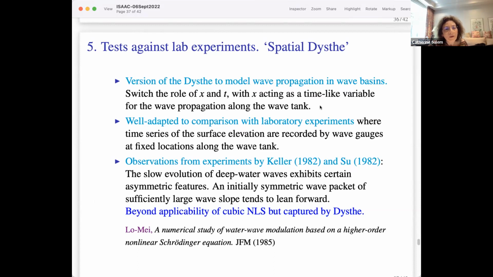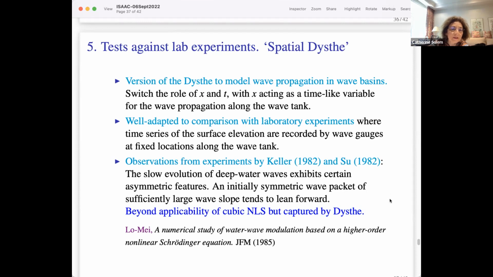One interesting observation from the experiment of Keller and Su in '82, also considered a benchmark for comparison, is that the slow evolution of deep water waves exhibits certain asymmetric features: an initially symmetric wave packet with sufficiently large wave slope tends to lean forward.